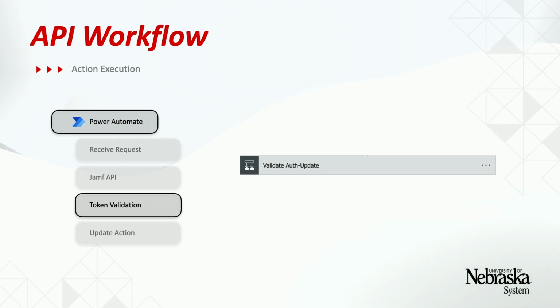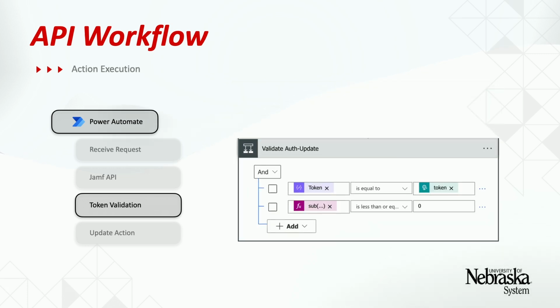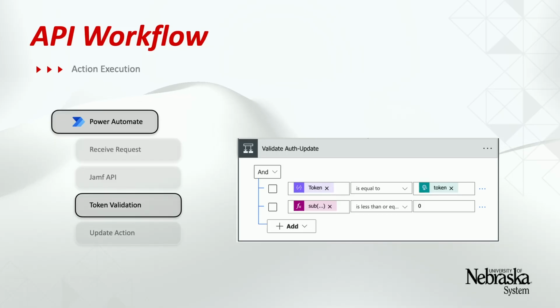And then we're going to validate the auth. So this is just a quick conditional statement that we're doing some validation in. We're checking that the token supplied in this call for the update action is equal to the token that exists in Jamf Pro for the management ID that was also supplied in that action. So that way we can compare and say, okay, if those are equal, then we can actually initiate this process.